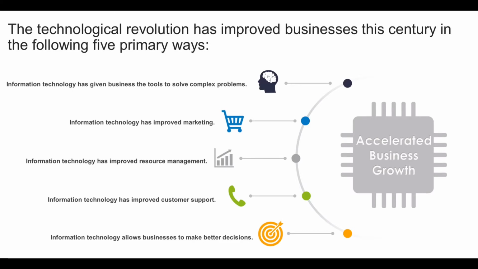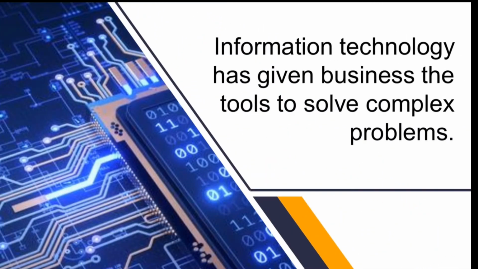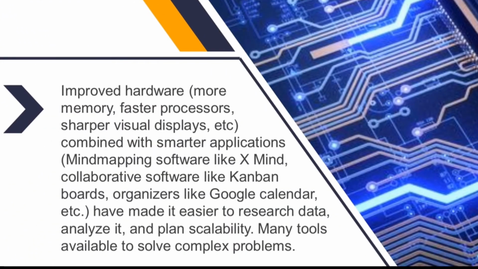The first one, information technology has given businesses the tools to solve problems. So what's in it? Improved hardware, more memory, faster processors, sharper visual displays, and so on. Combined with smarter applications like mind mapping software like XMind, collaborative software like Kanban boards, organizers like Google Calendar, etc., these have made it easier to research data, analyze it, and plan scalability.